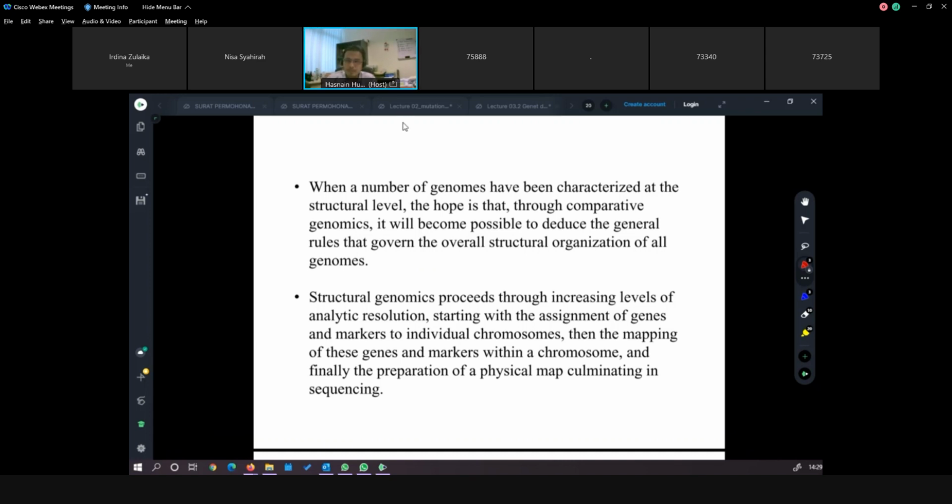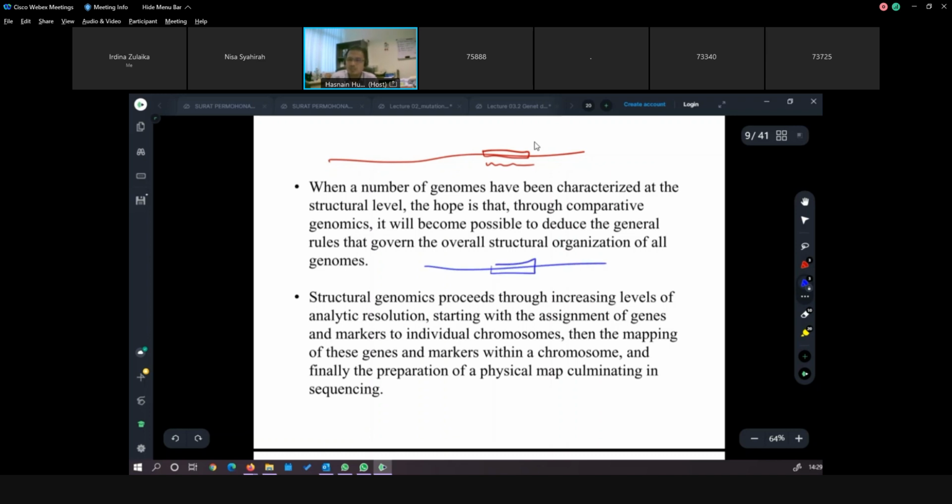Another example so that you can visualize: in human, you have a certain gene that you don't know the function of, but you know the sequence already. And in yeast, you have the chromosome, you know this sequence, and you know the function of this gene. So you can do comparative genomics.